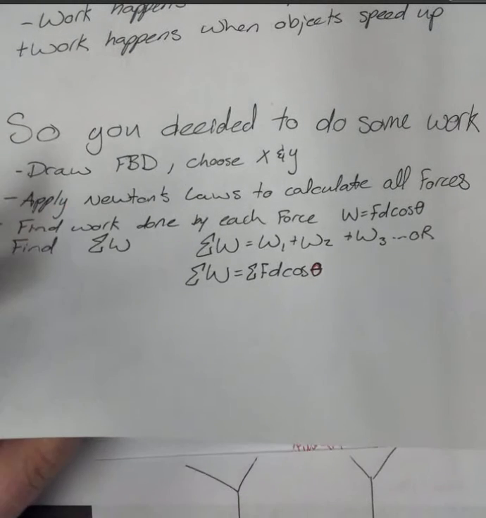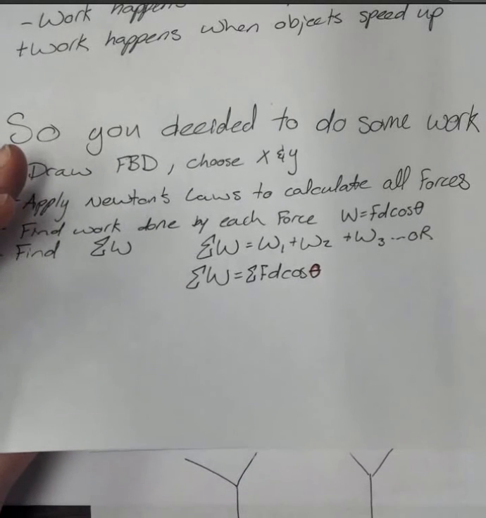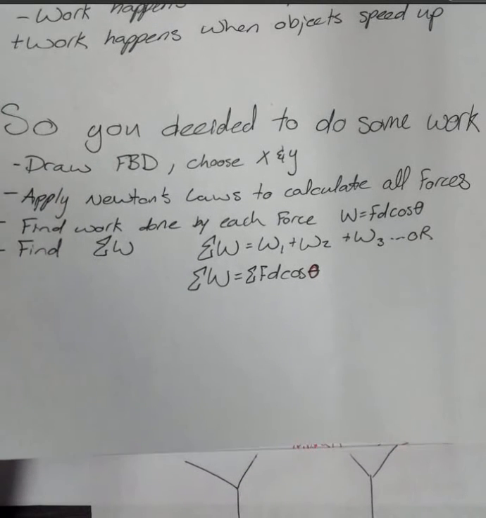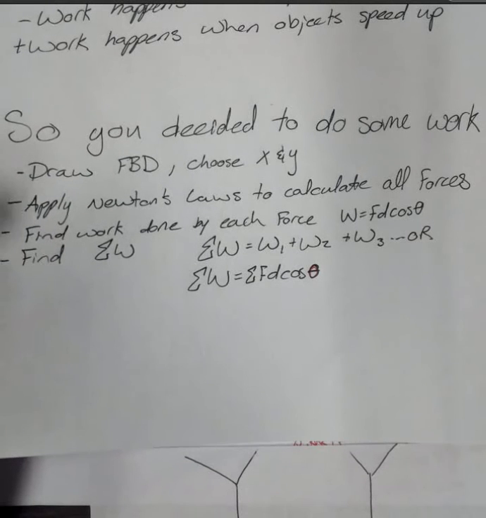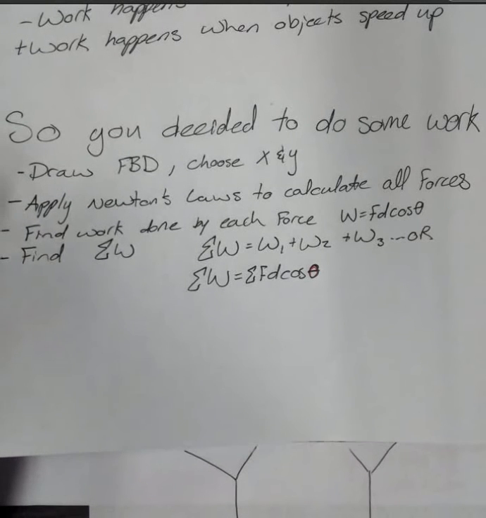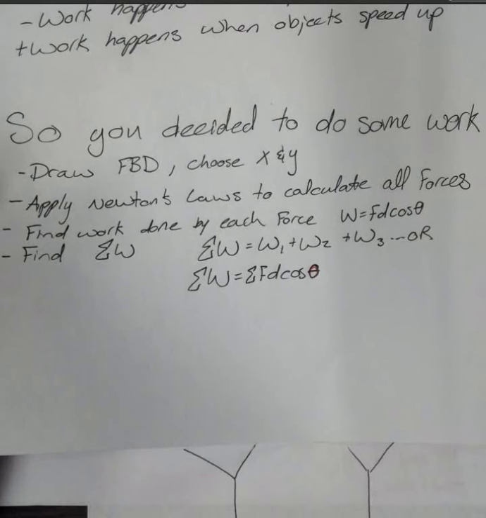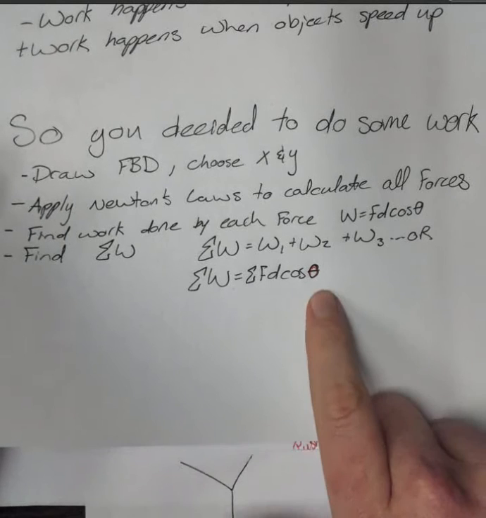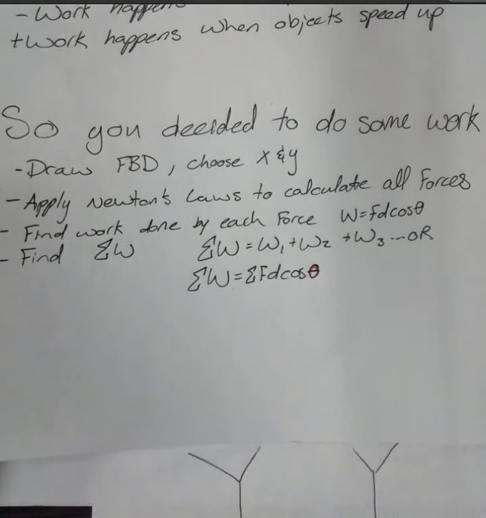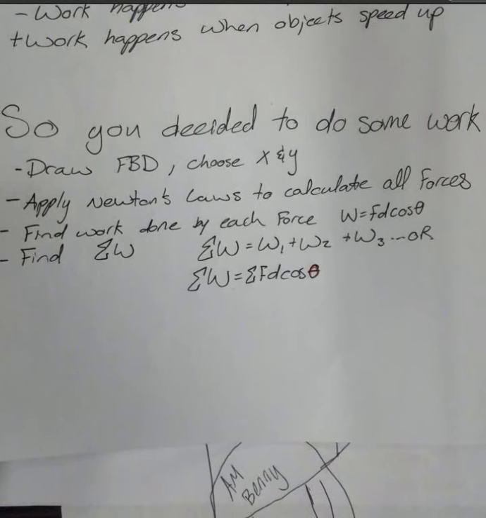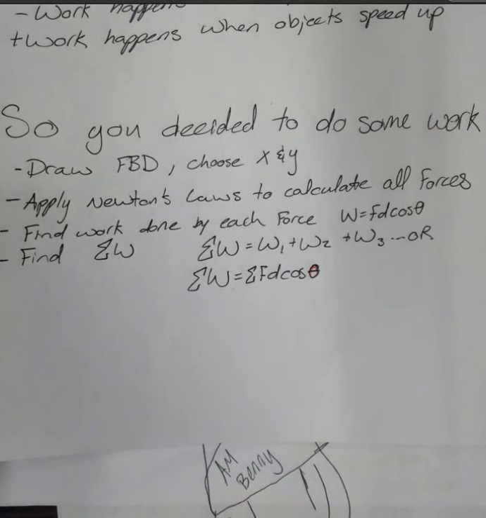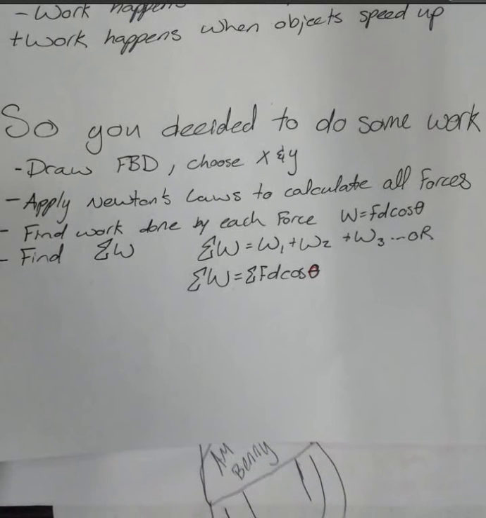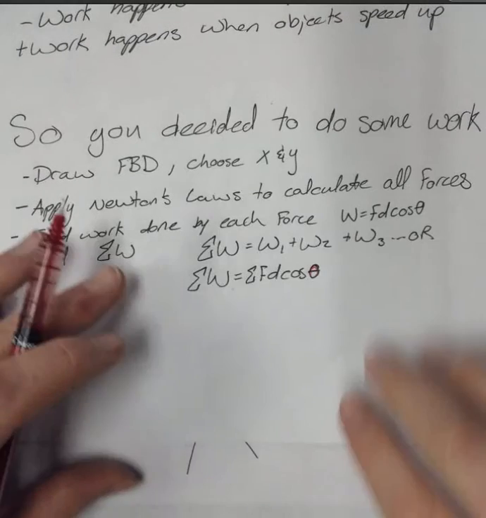Now, if there is an overall net force, it should be in the direction that the object is traveling, but it won't always be that way, because remember, force determines acceleration, and a net force could cause an object to be slowing down. In that case, the angle would be 180 degrees, or it could be causing an object to change directions. In that case, it would be another angle. So make sure that you're being very aware of the angle of your net force.